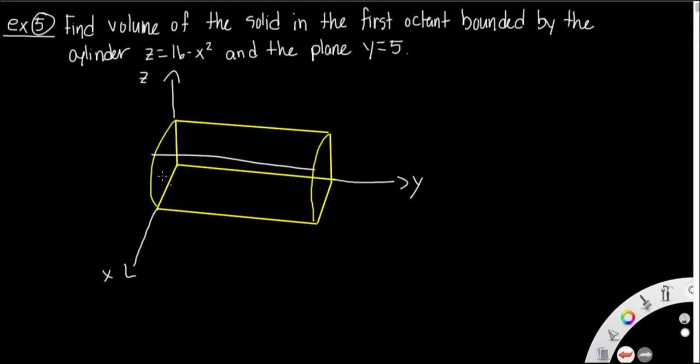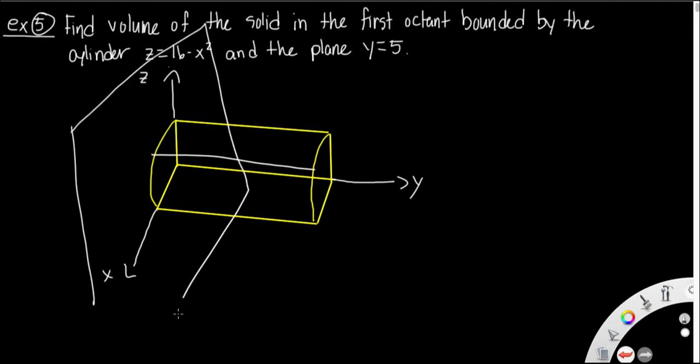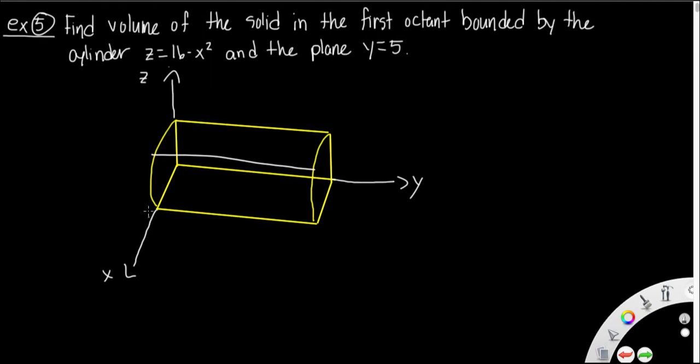It looks like on the zx plane we'll have a radius of 4. And of course this plane that cuts off the cylinder will be y equals 5. So it looks like we have this rectangular domain in the xy plane.